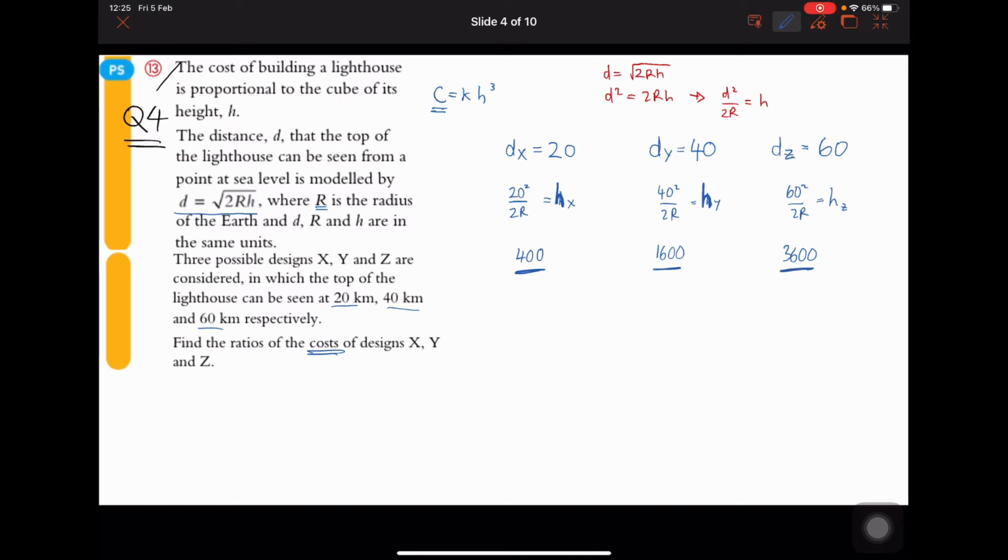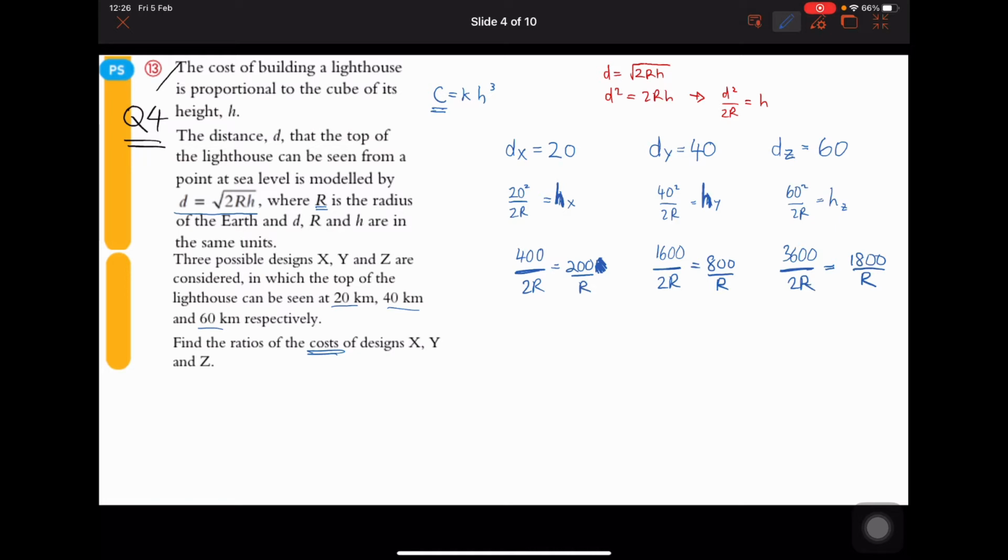Actually, I'll have to keep it there, sorry. Okay, so let's simplify it. 200 over r, 800 over r.